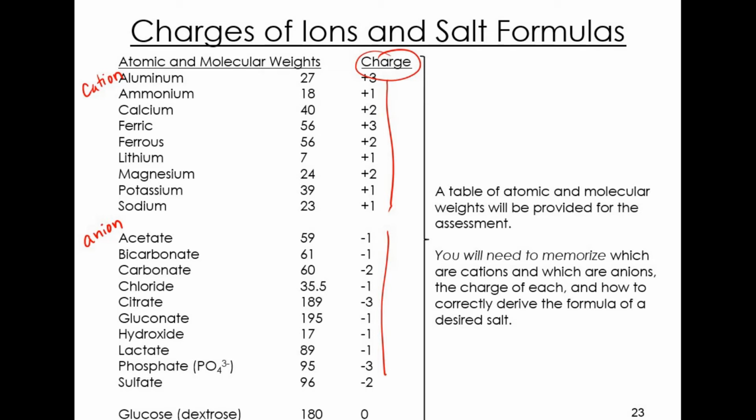These are all things you need to memorize. Also, the ions that you get on the table on the assessment may be ordered differently than the ones here. So make it a point to match the ions with their charges and not just memorize the order of the charges on the table, or it may be an unpleasant surprise on the assessment.